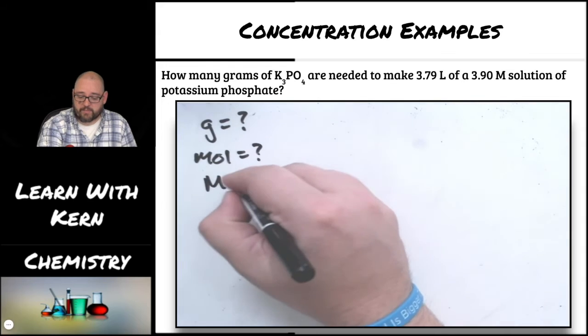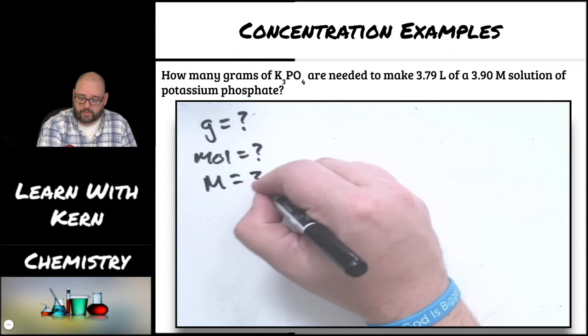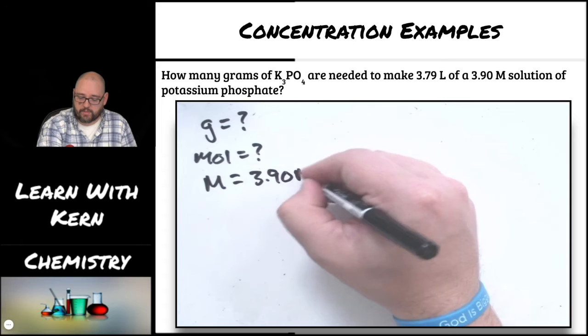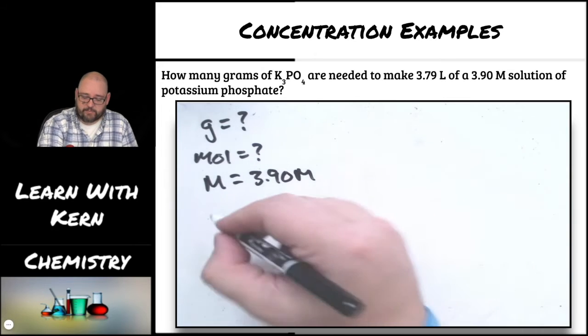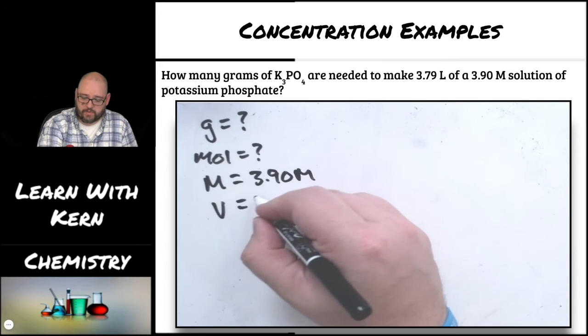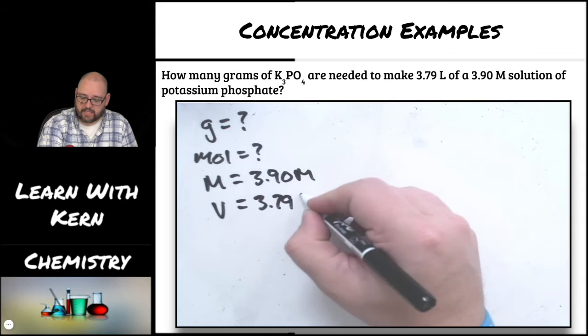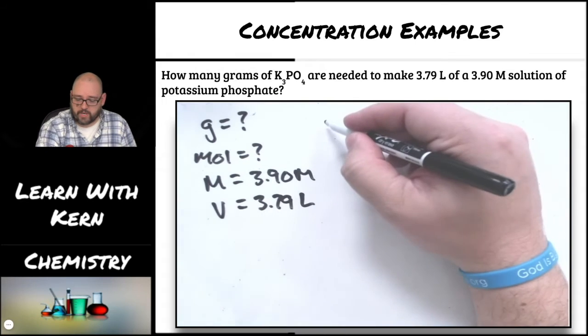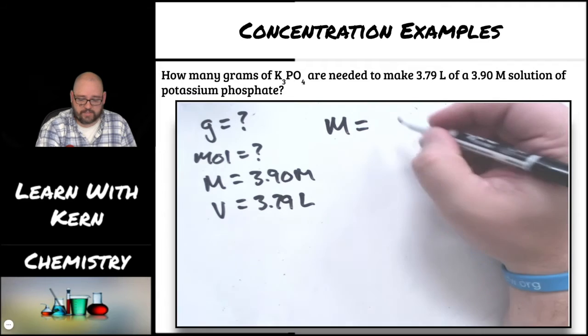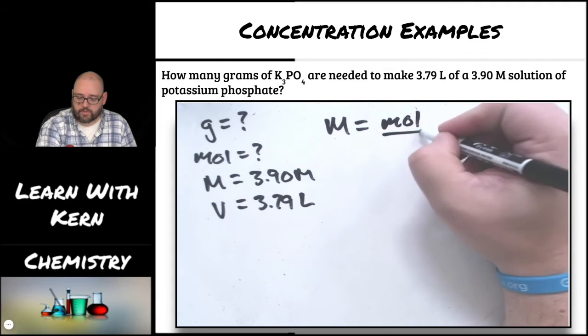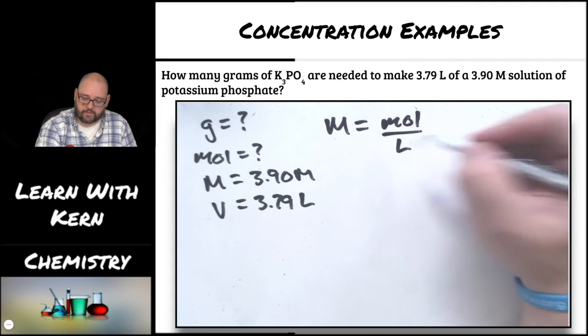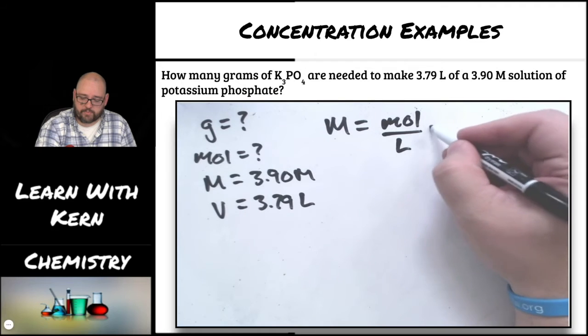So it gives me the molarity of 3.90 molar and gives me a volume of 3.79 liters.